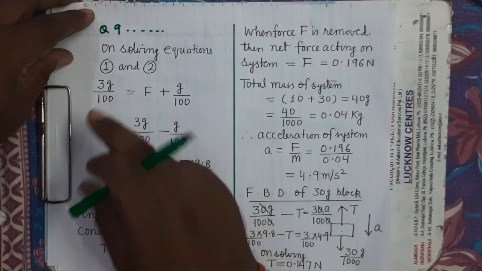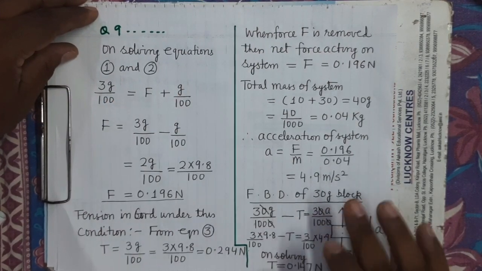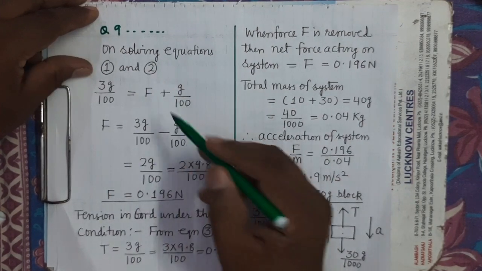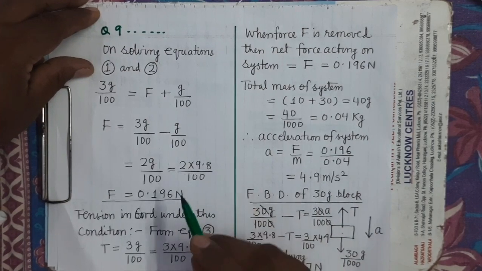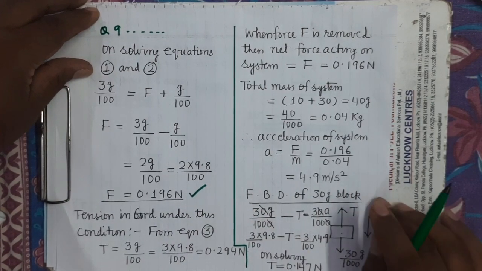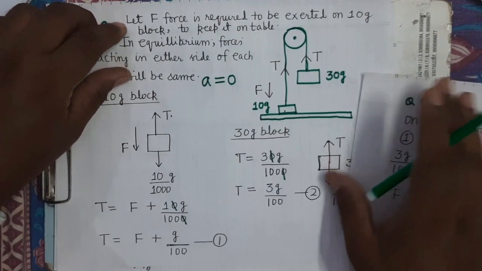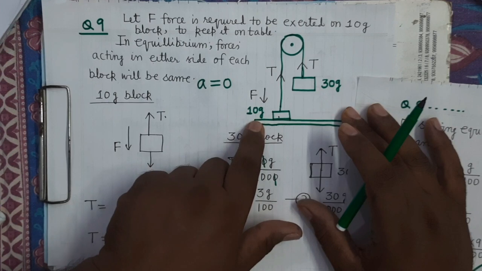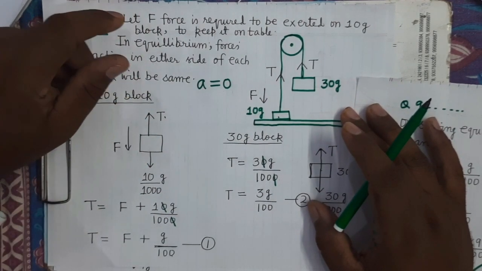So it will be 3g upon 100 equals F plus g upon 100. So what will be F? 3g upon 100 minus g upon 100, that is 2g upon 100. Placing the value of g, it will come out 0.196 Newton. Means in order to keep the 10 gram block on the table, the minimum force required is 0.196 Newton.